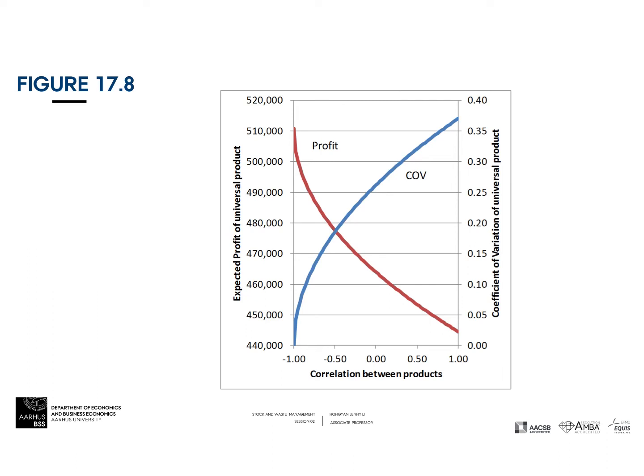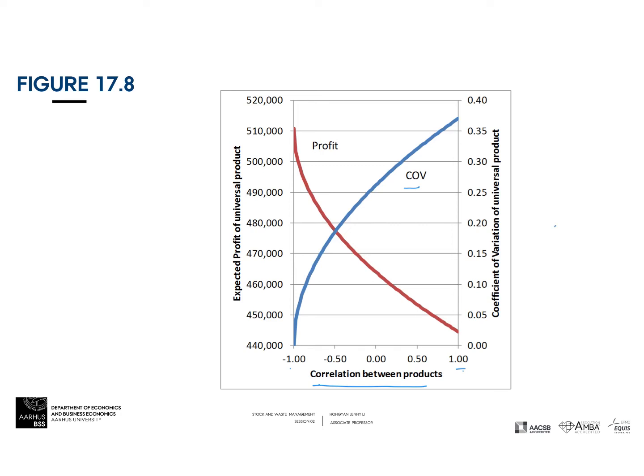If we generalize the analysis in the previous examples, we can observe that when you increase the correlation between the products from negative 1 to positive 1, the coefficient of variation increases. At the same time, the expected profit decreases. This shows how you can maximize your profit when you pool your products into a universal product.